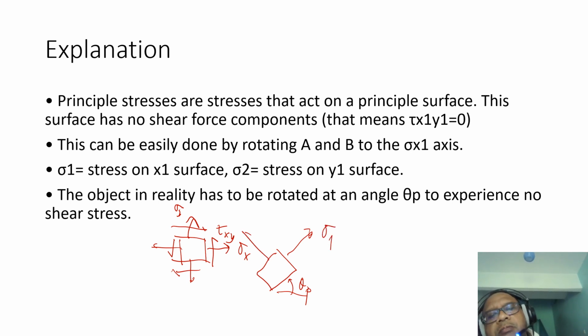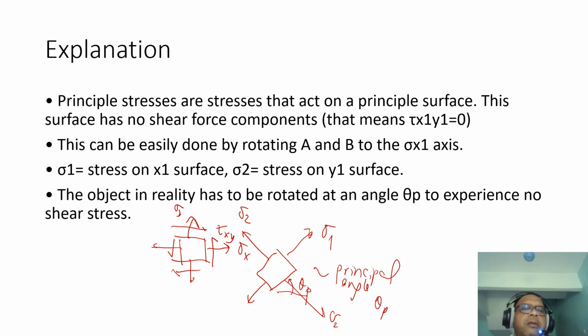And we can now label those as sigma 1 and sigma 2. So this is called a principal plane, principal angle, theta p. So what we did was rotate this by theta. Here is how it looks on the Mohr circle.